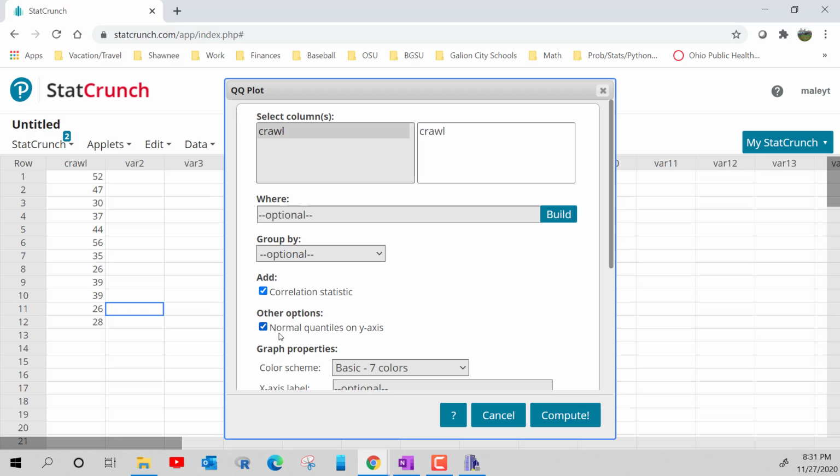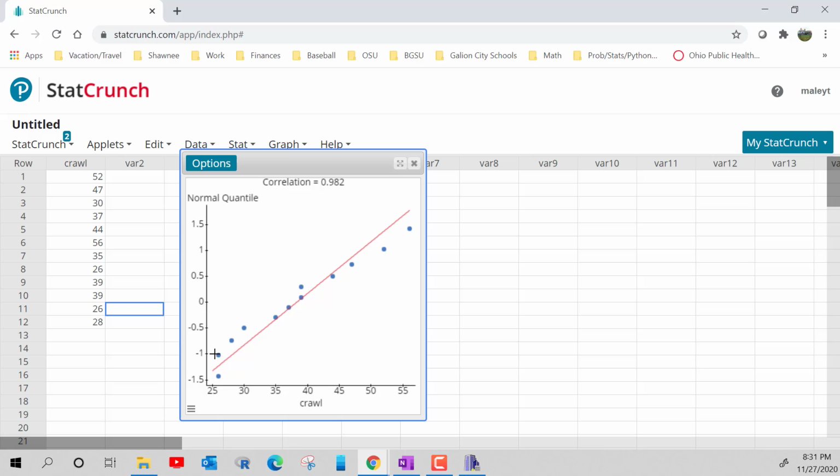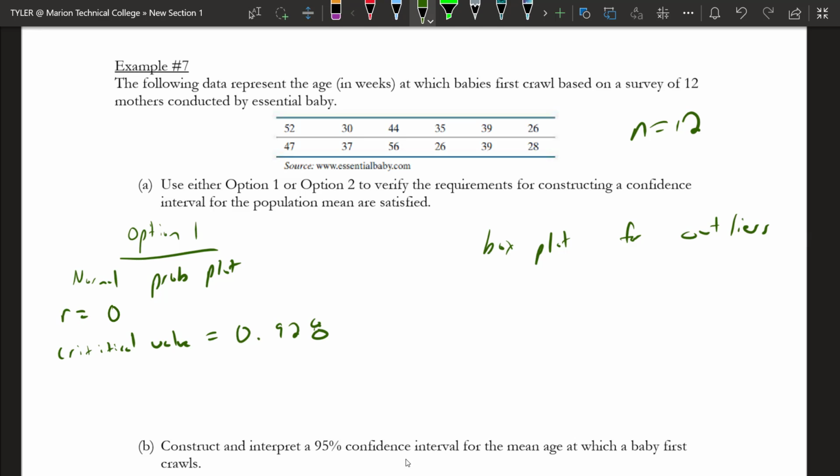And then hit compute, and we get this normal probability plot, and we get a correlation R value of 0.982, right? So R equals 0.982. Right, so since this value is bigger than my critical value of 0.928, then we're good, right? It appears to be normal.